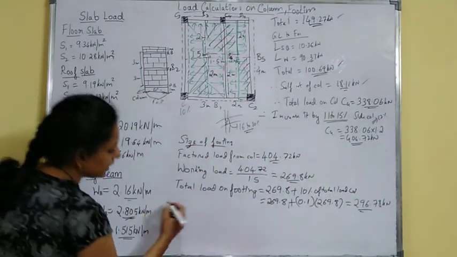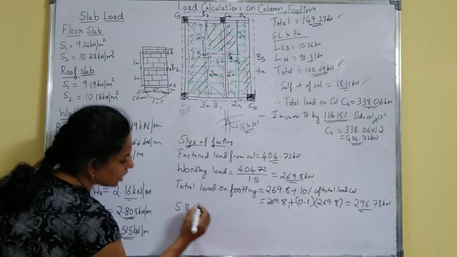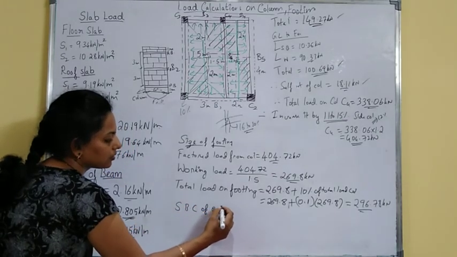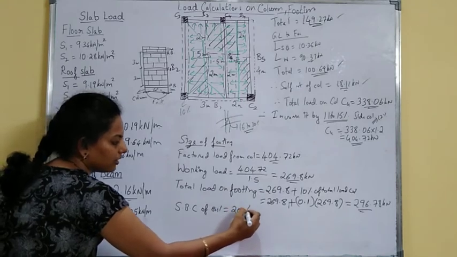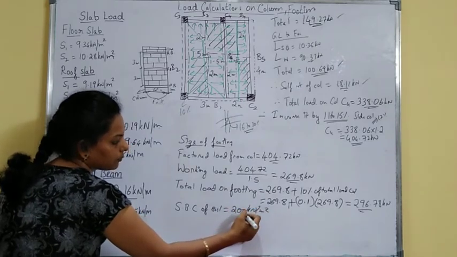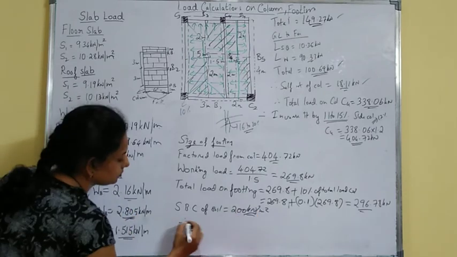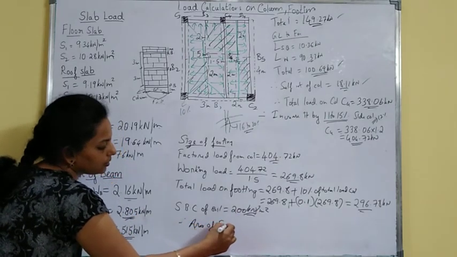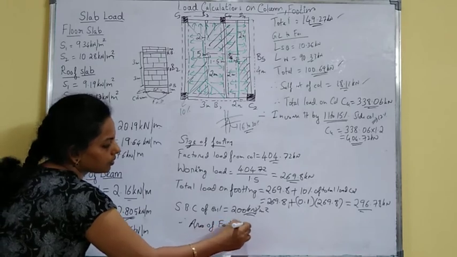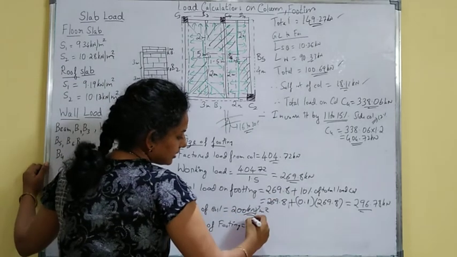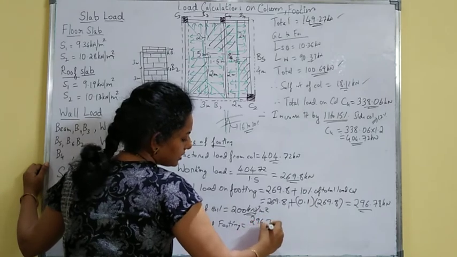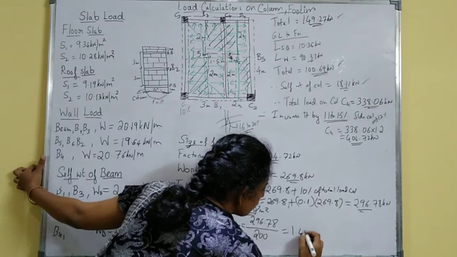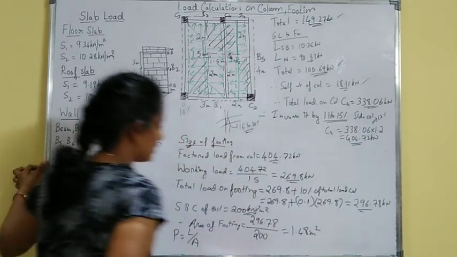Okay. Next, SBC of soil, that is soil bearing capacity, is nothing but 200 kilonewton per meter square. Therefore, area of footing will be total load, that is 296.78 divided by 200, 1.48 meter square.